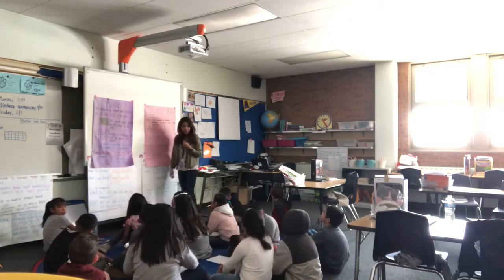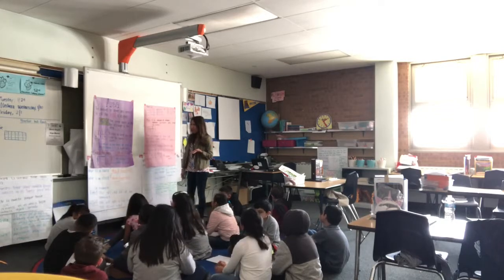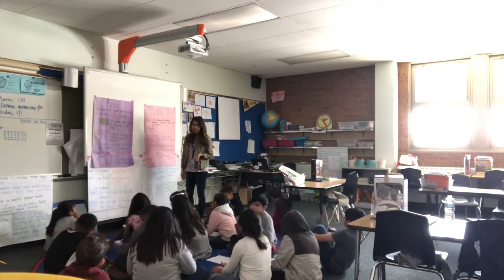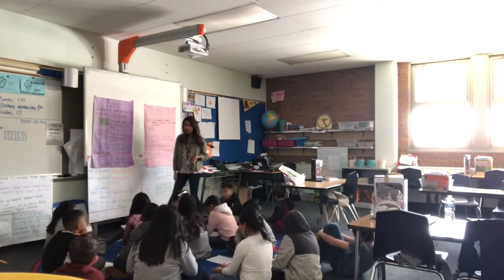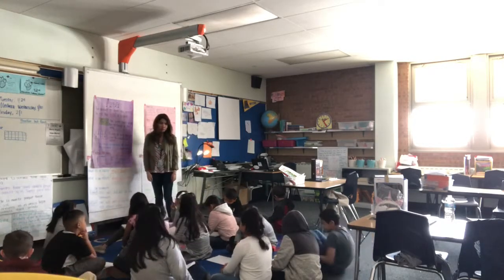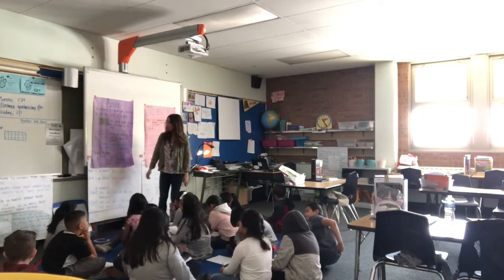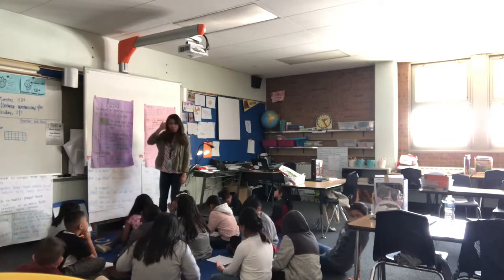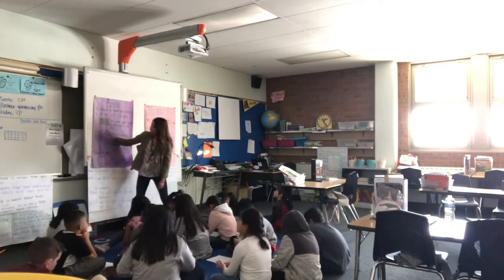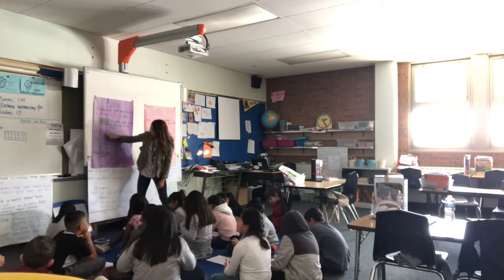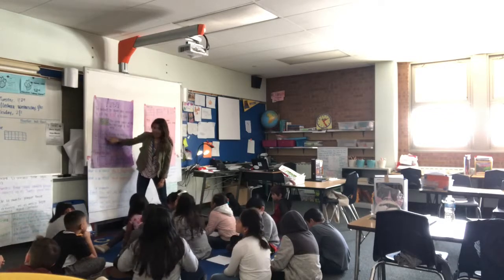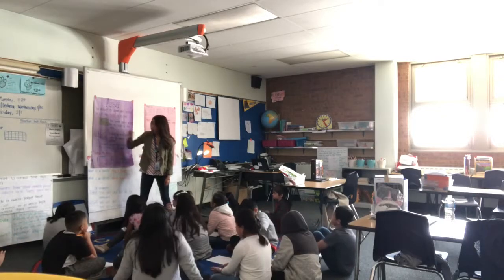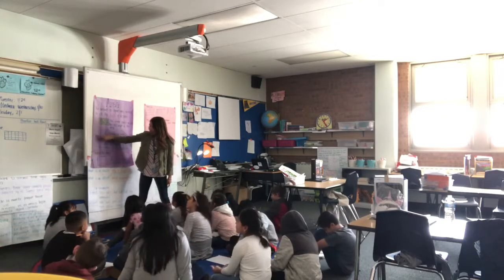I ask myself, well, I know that area is the amount of square units needed to fill inside a space. In this case, I have a rectangle. So going back to the square units, it's the amount of square units. So what I need to do is count each square inside my rectangle.